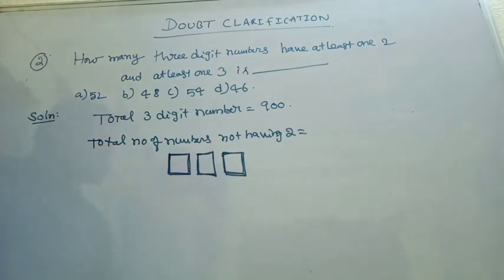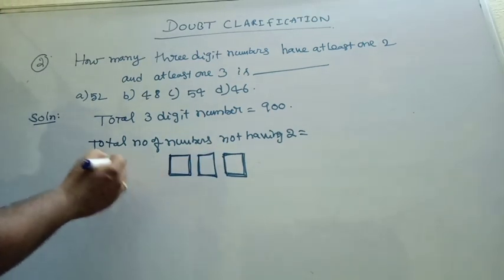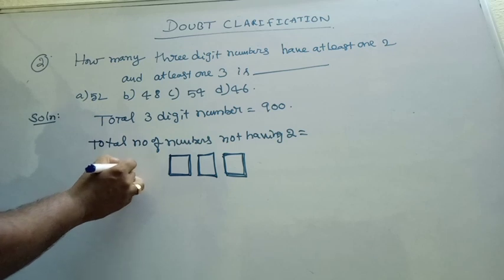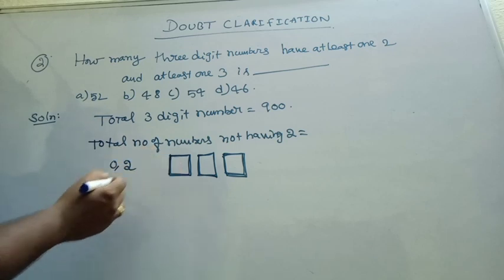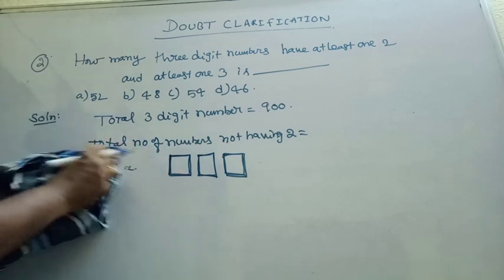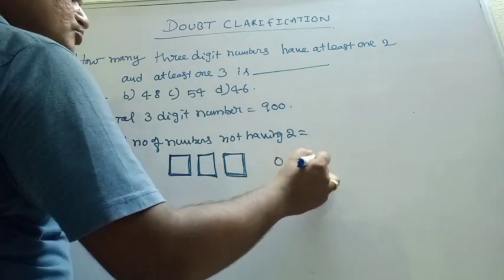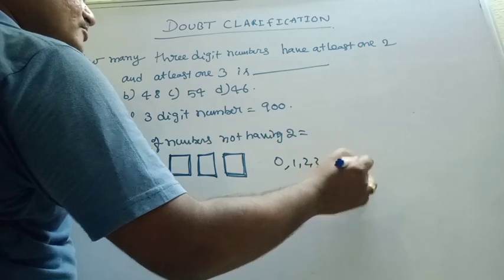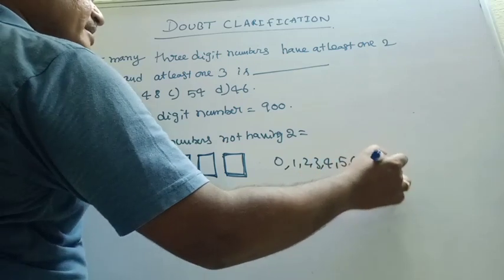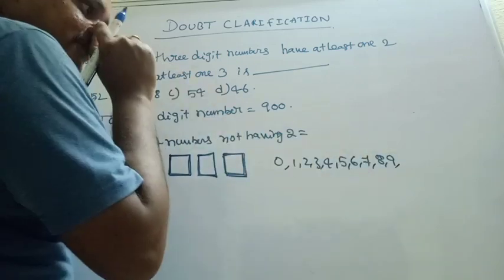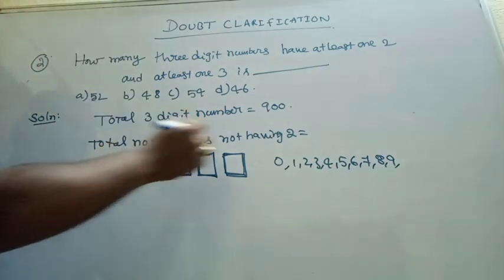Here 0 and 2 we should not use. Actually we have totally how many digits? 0, 1, 2, 3, and so on up to 9. These are a total of 10 digits. We should not use 2.